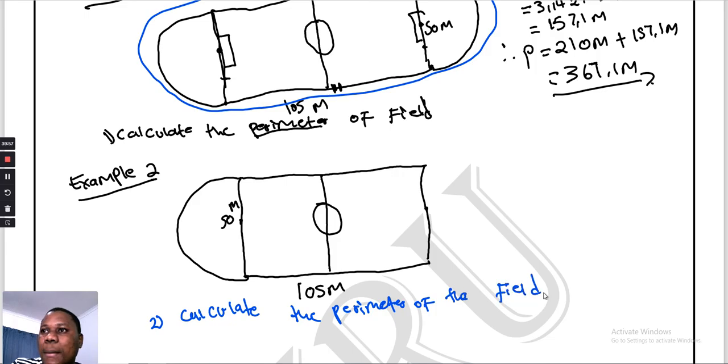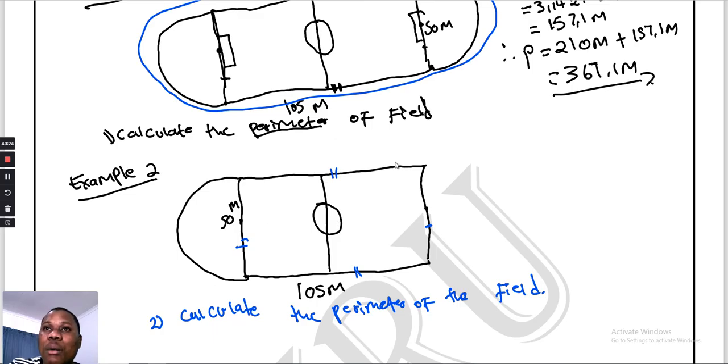Okay, so let's check now. Our field is made of a rectangle because we can see that this side is bigger than this side. So it's made of a rectangle and a semicircle. Okay, so now we can calculate the perimeter. But we must be careful when we look at the field now.